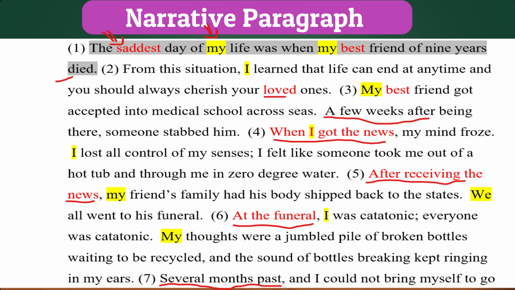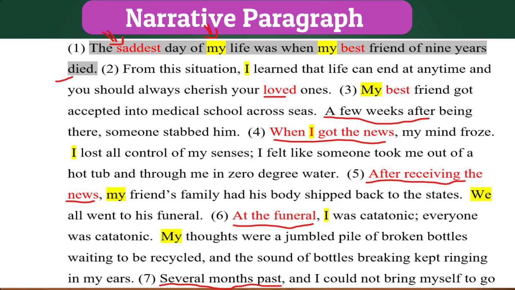And the topic sentence should include an adjective. So the topic sentence is: the saddest day of my life was when my best friend of 9 years died. So this is the topic sentence.